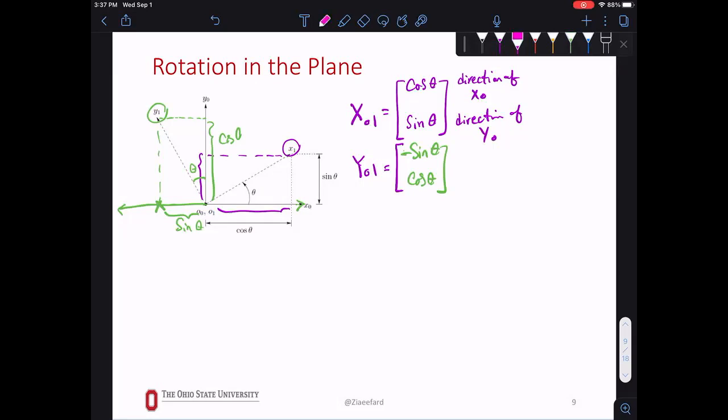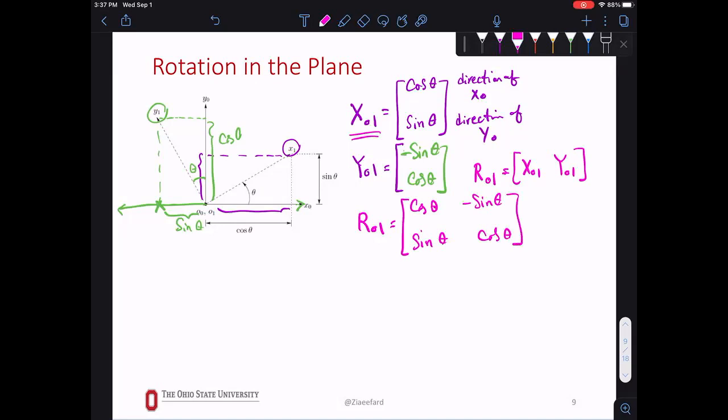We will say R01, going from frame 0 to frame 1, has the coordinates of x01 and the coordinates of y01, which will give you R01 as cosine of theta and then sine of theta. Boom. R01 is that matrix. That's your rotation.